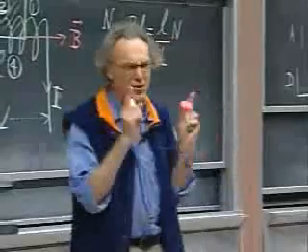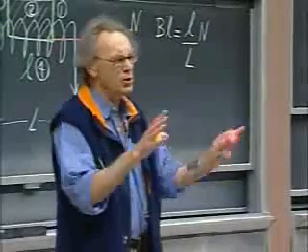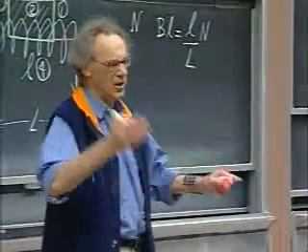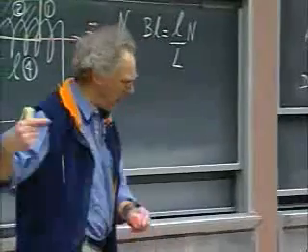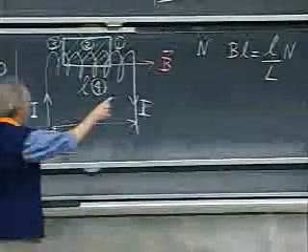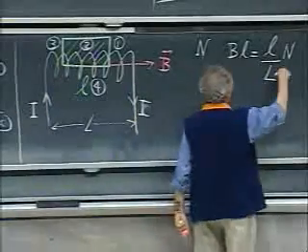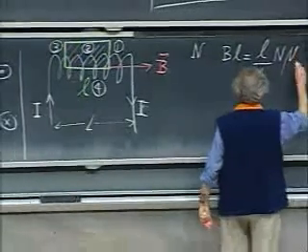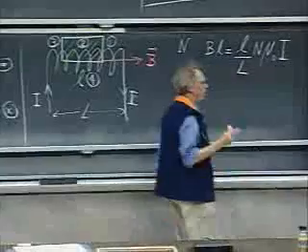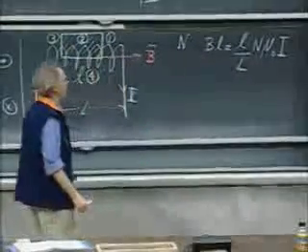Uniquely defined. I have a surface now. There is no such thing as "I enclosed." There is "I penetrate through that surface." It's a soap film, and I poke straight through it. And I do it so many times. And then I have to multiply this by mu 0, and then I have my I. Each time that it pokes through, I have current I.